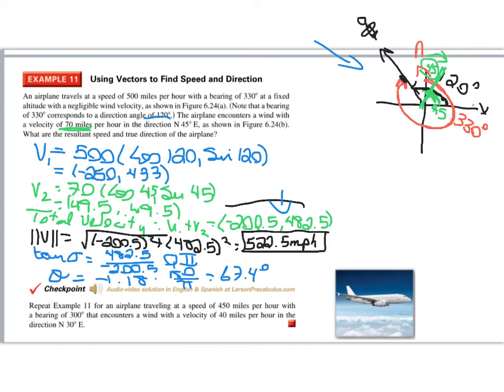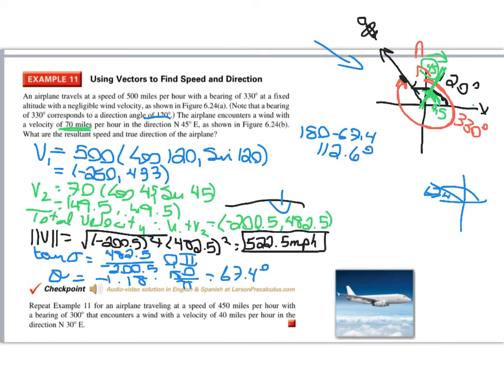But remember, that's 67.4 degrees in the second quadrant. So go to your second quadrant, 67.4. What we want to find out is what degrees this is, so if you subtract that from 180, 180 minus 67.4, you get 112.6 degrees.